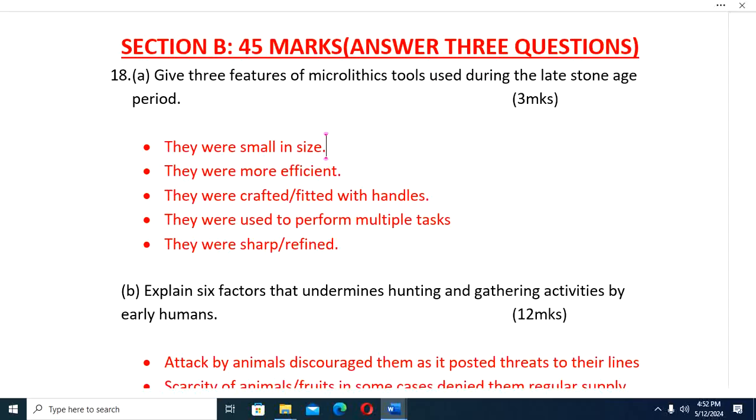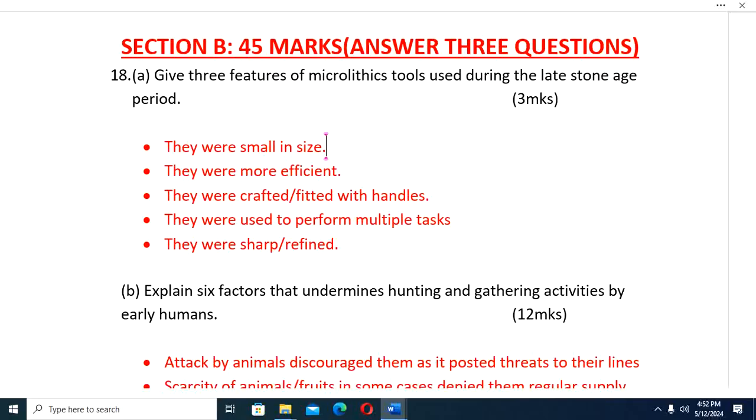That's why we said anytime you are answering a history question, you write a response statement. For example, if you are told give 3 features of microlithic tools used during the late Stone Age, the response statement can be features of microlithic tools. You can write a simple statement like that.